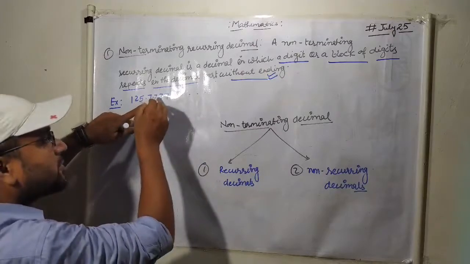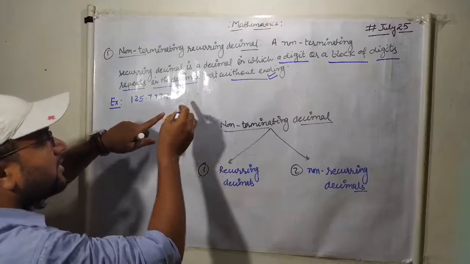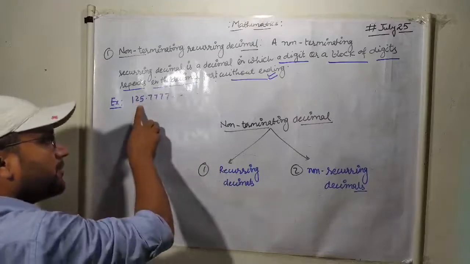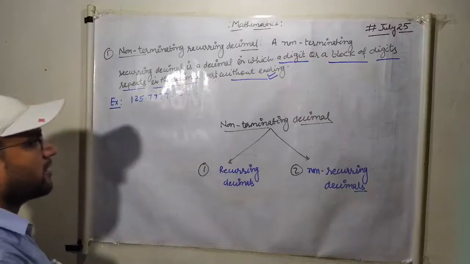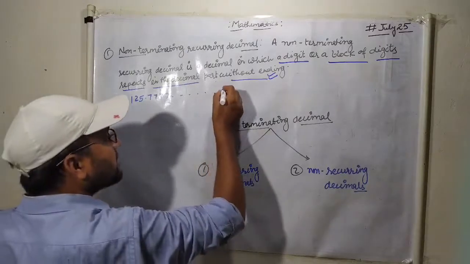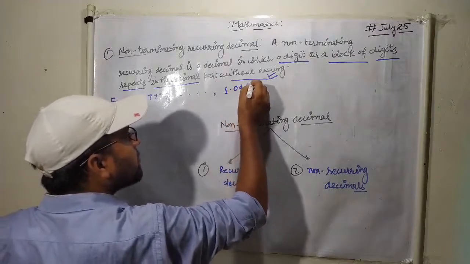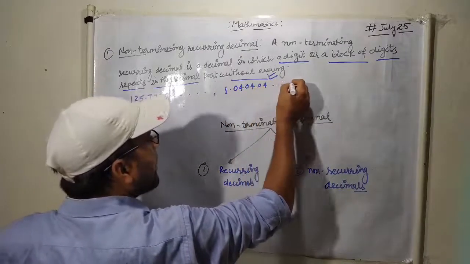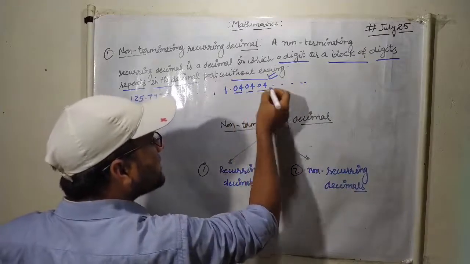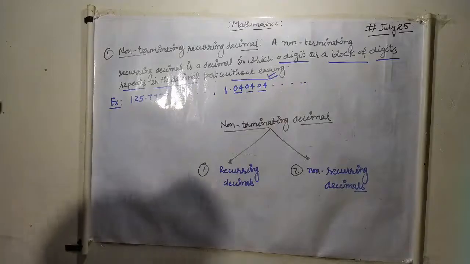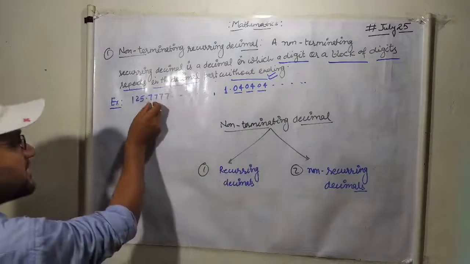After the point only 7 is repeating. Okay, so a digit or a block means more than 1. For example, 1.040404 and so on. Here two digits are repeating, so this is known as a block of digits. Here is a digit only.